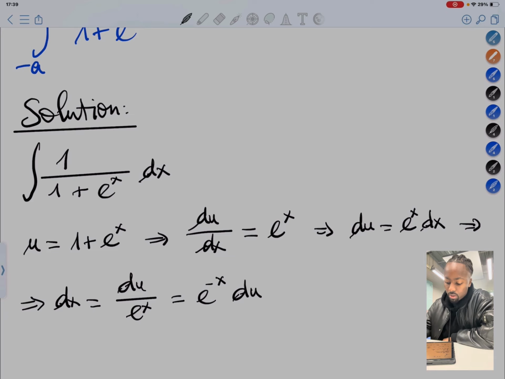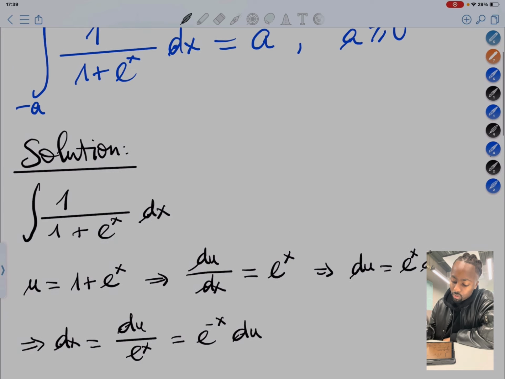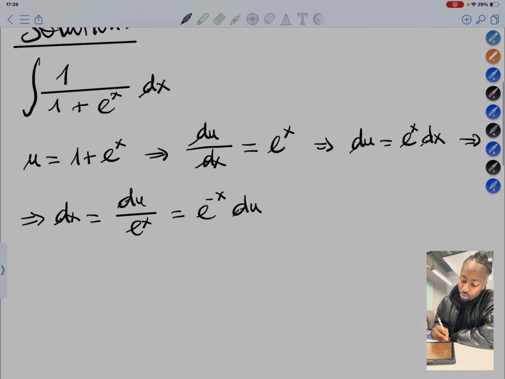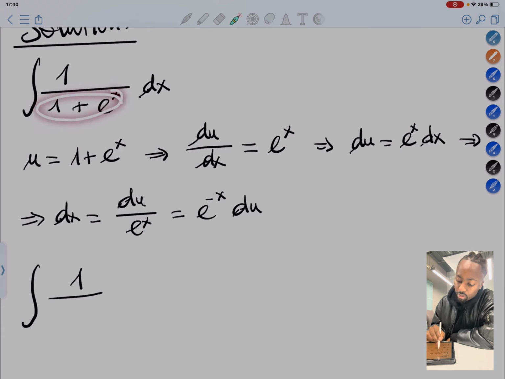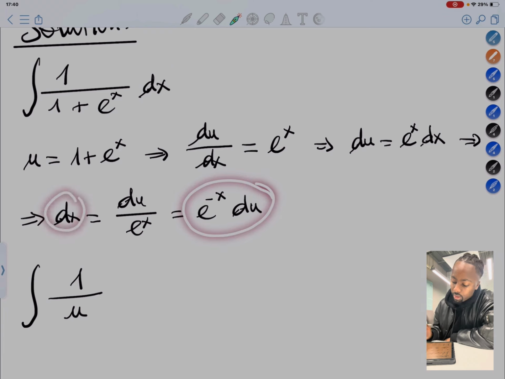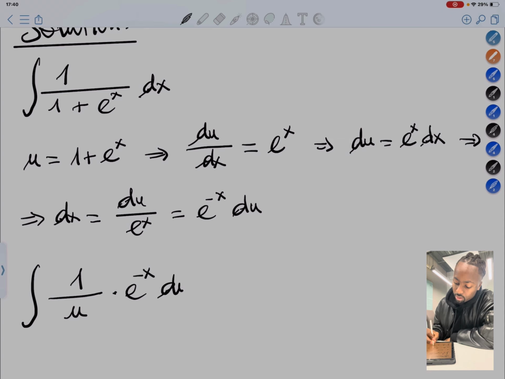So from this we can now substitute. We're gonna have integral of 1 over, instead of 1 plus e to the power x we substitute u. So we're gonna have 1 over u, and instead of dx we're gonna have this, because we said that dx is equal to this. So times e to the power minus x du.